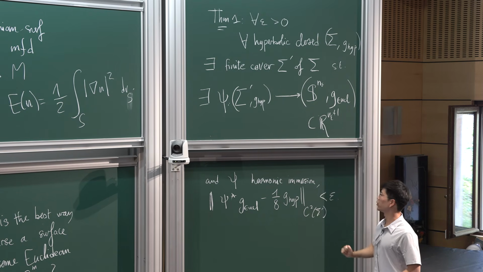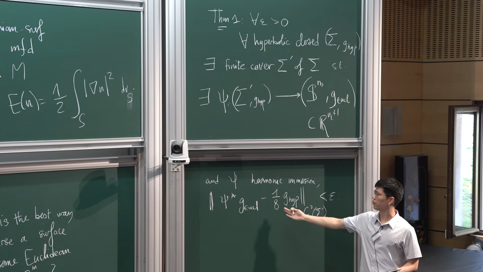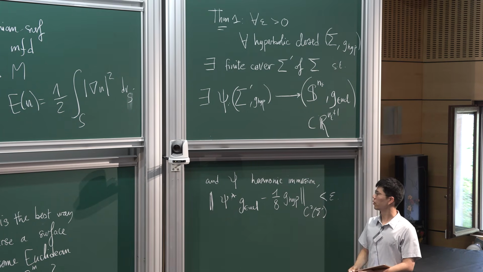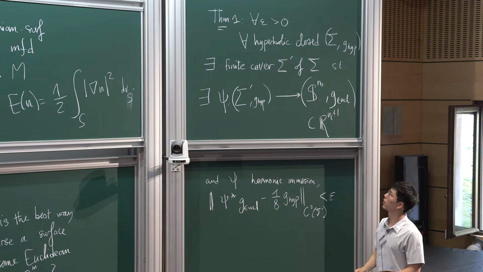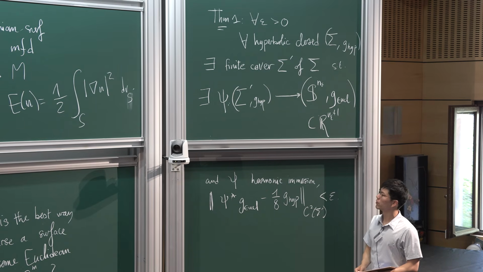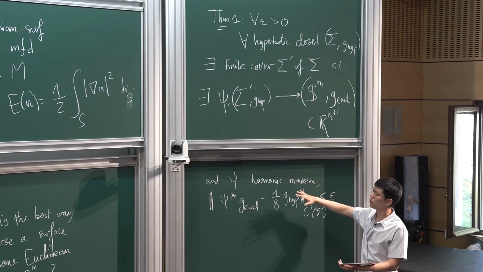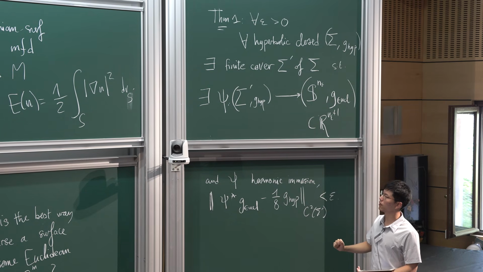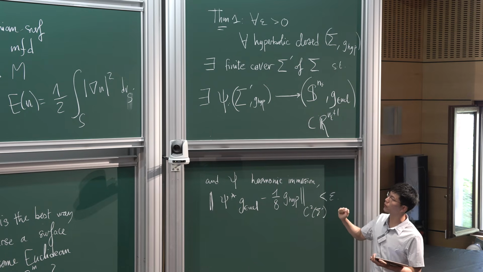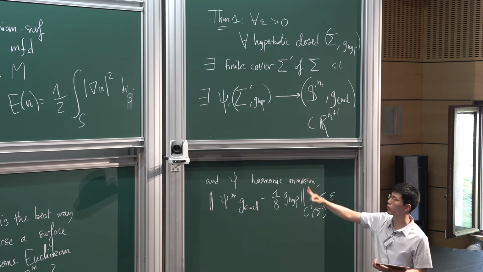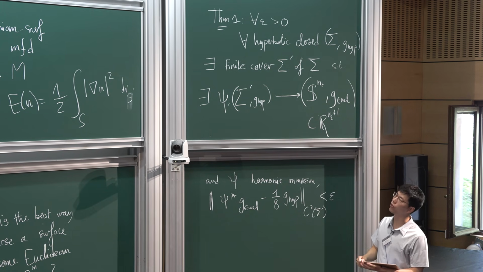Let's say in the C2 topology, what you can show is that the pullback metric has to be C2 close to this rescaling of the hyperbolic metric. So these are very nice because they are both harmonic and almost isometric. If you have no questions on the statement, I want to give you some background on some classical results in that direction.